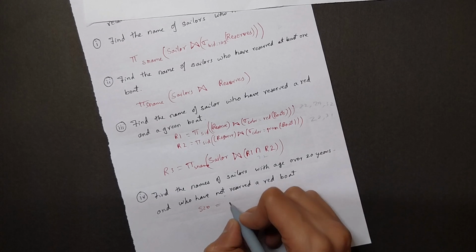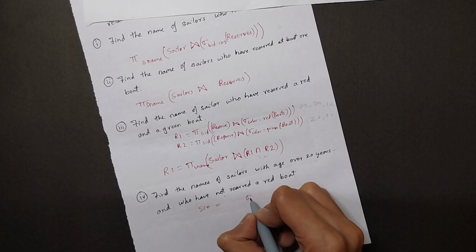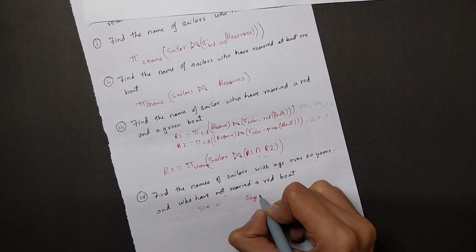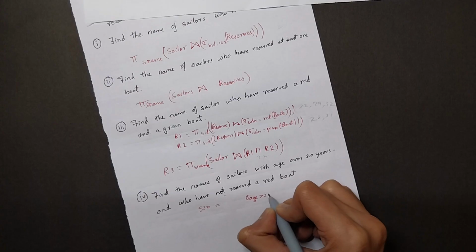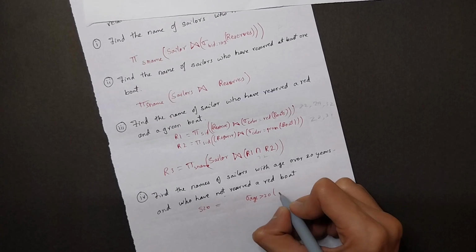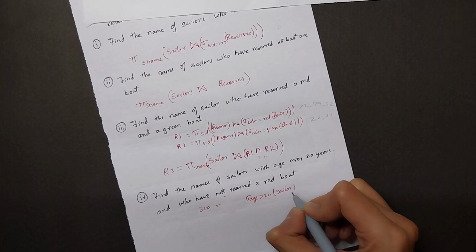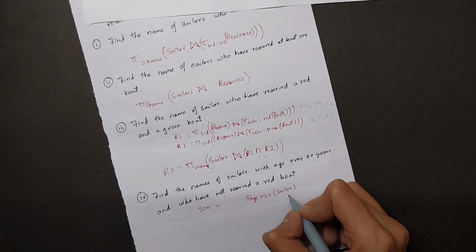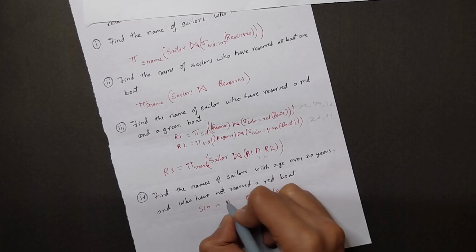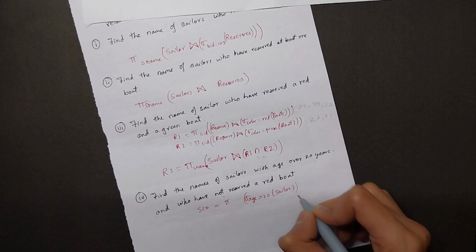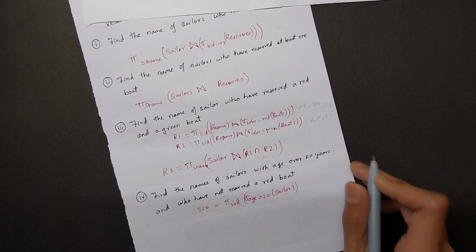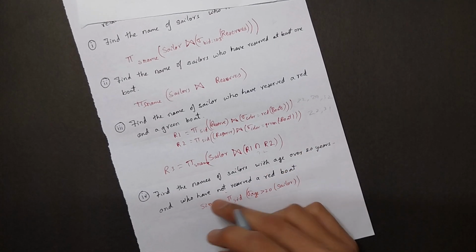We will write sigma, age greater than 20, from sailor. Then I need only the SID, so I will write pi SID. So this is my S20.